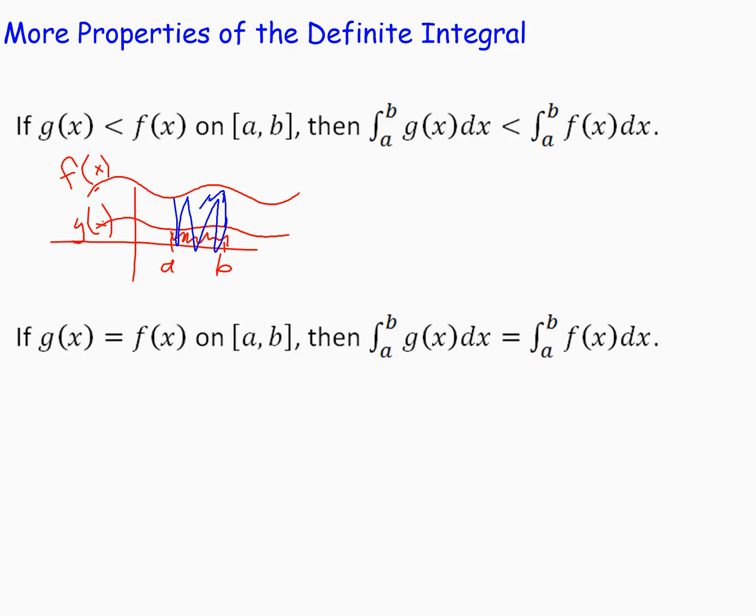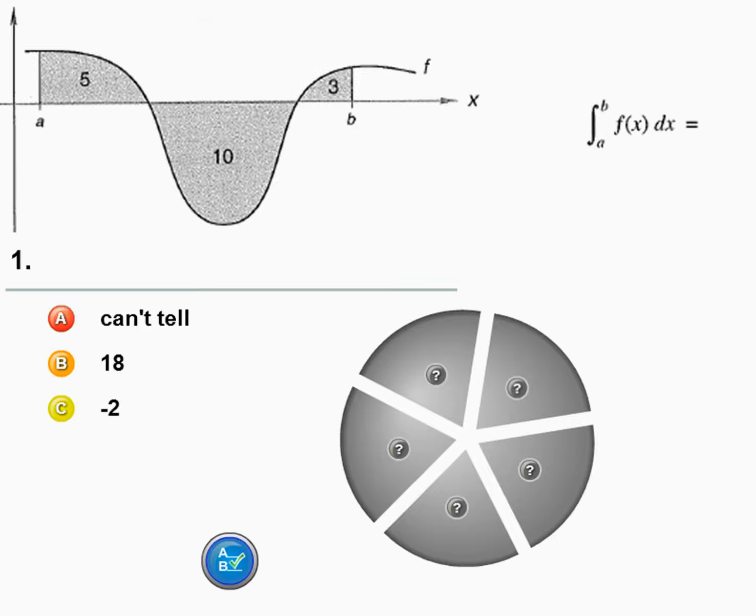Most of them should make sense, and we will be referring back to these as we show different things. Here are several questions that you can think through. The question here is, here's the f from a to b. What is the integral from a to b of f of x dx? Well, if we remember these different things, this is 5, which means the integral from a to this point would be positive 5.